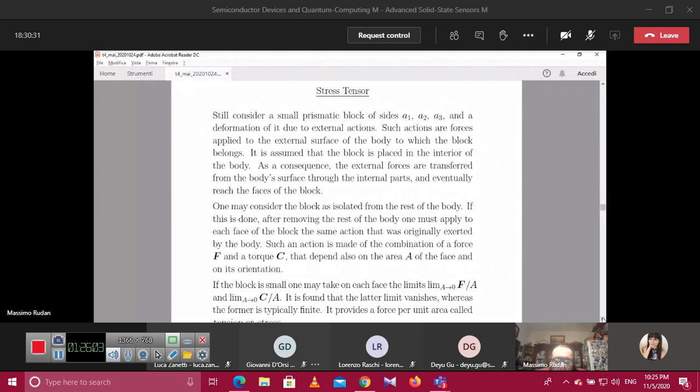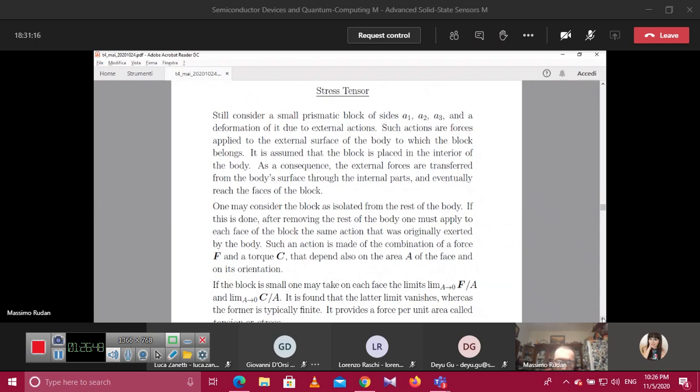So what do we do if we start with a finite block of material? As you remember, this block of material is to be considered as internal to a much larger structure. So it is an internal small piece of a body that could be a bridge or an engine or a dam or whatever. Where do the forces that are applied to the sides of the small block come from?